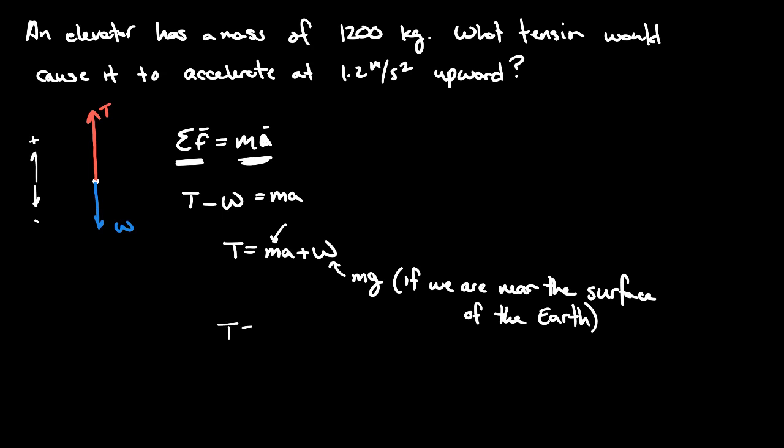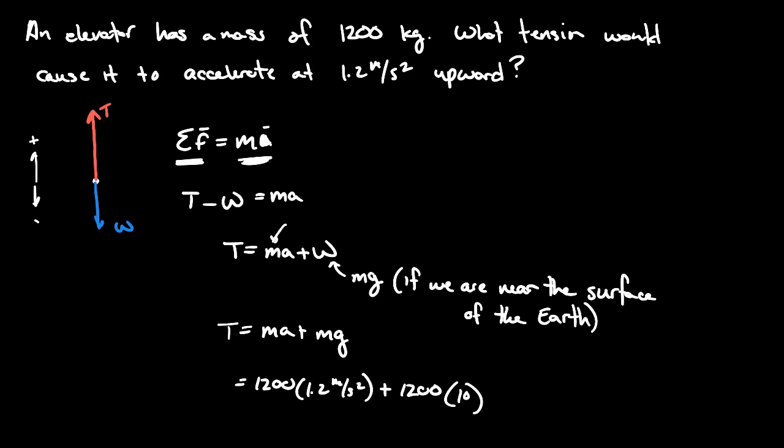But in this problem, tension's going to equal ma plus mg, which means the tension in this cable is 1,200 times 1.2 meters per second squared plus 1,200 times 10. So we keep the problem in kilograms? Has to be in kilograms.